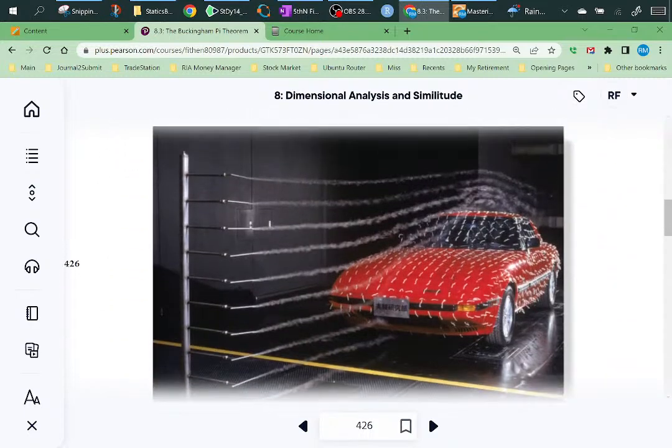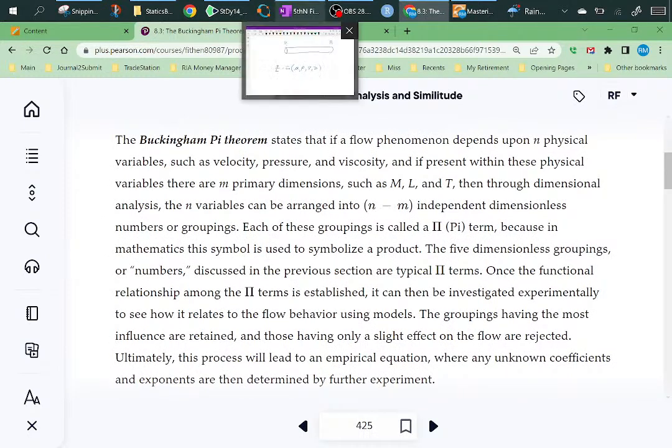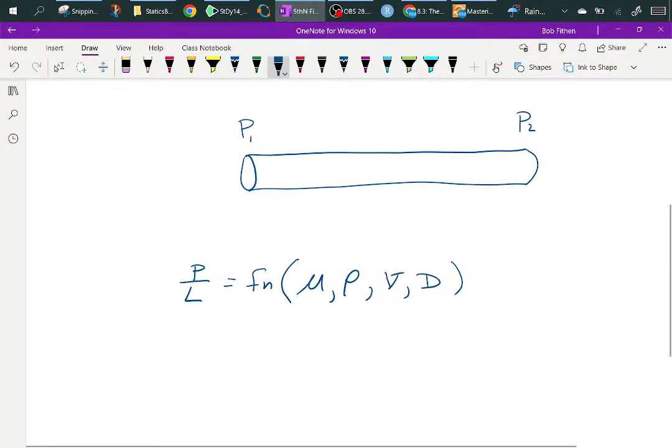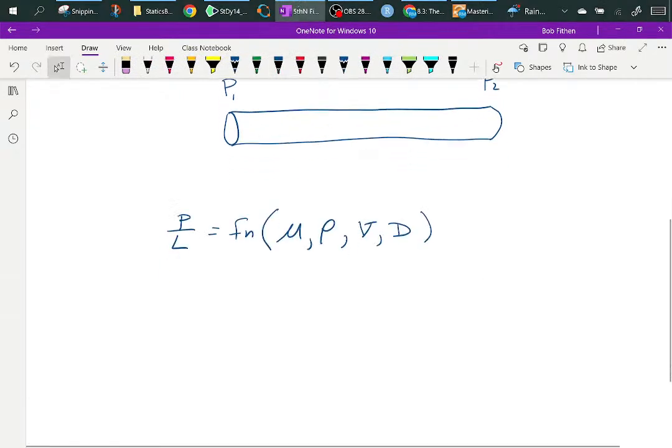This theorem kind of came out of observation, and to a large degree it came out of this pipe experiment. What I'm going to do is list all the variables.